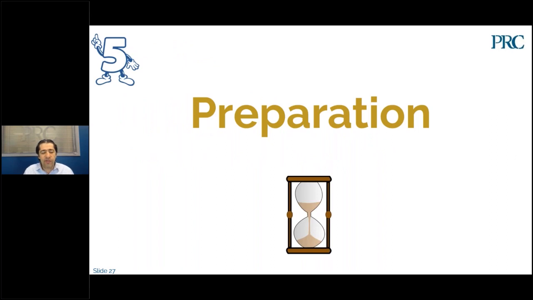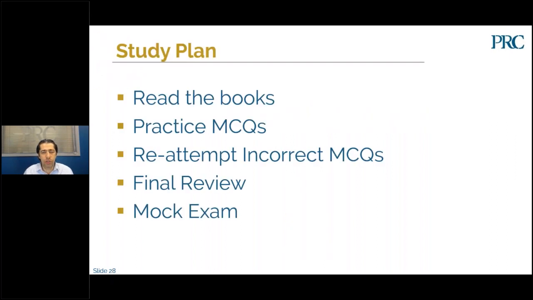Pillar number 5, preparation. Now, how do you prepare? Our recommended methodology is as follows. Of course, some people are stronger in certain areas and require less time in others, but the generic methodology is as follows. One is to read the book. Go through the book. No matter how much information you already know, it's always recommended, if you do have the time, to go through the book.